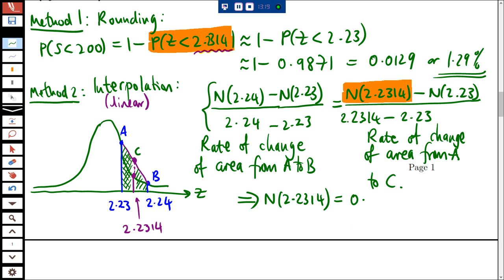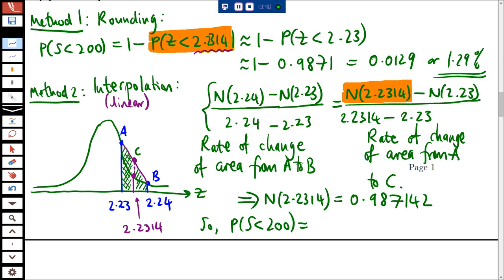You might need to use the tables for those other N values. We get 0.987142. And if we drop that number into our question, okay, we're going to get something slightly more accurate.